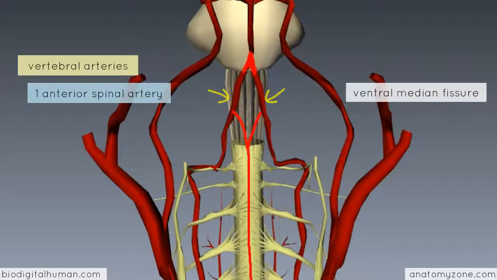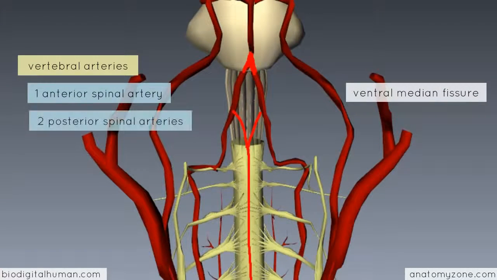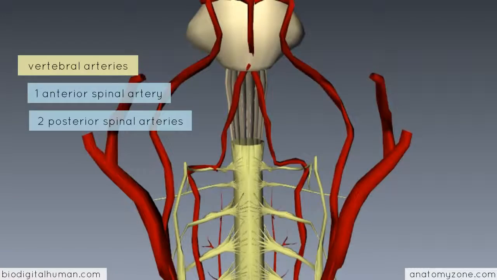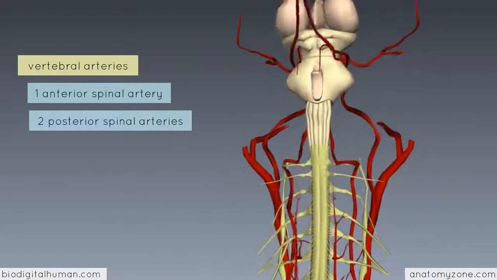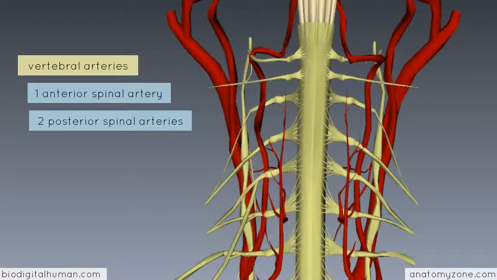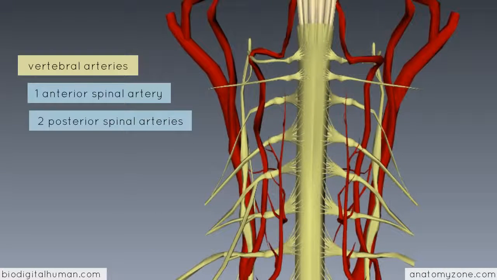The other two vertical vessels are the posterior spinal arteries, and you've got two posterior spinal arteries. Now if we just rotate the model round so we can look at the posterior aspect of the spinal cord. So posteriorly you've got two branches given off from the vertebral arteries, which form the two posterior spinal arteries.